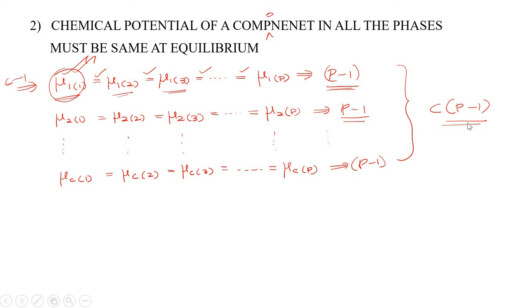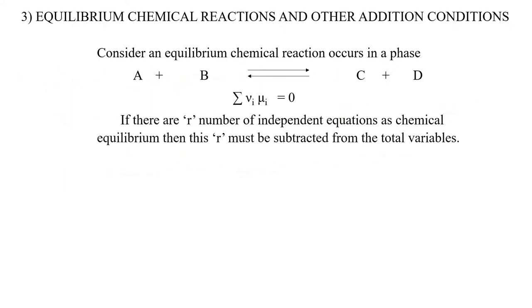Then if a chemical reaction occurs, if your system is a reactive system, then some additional conditions will come. What are they? If a chemical reaction occurs, or if any other additional conditions exist, then we need to subtract some more terms from the total.